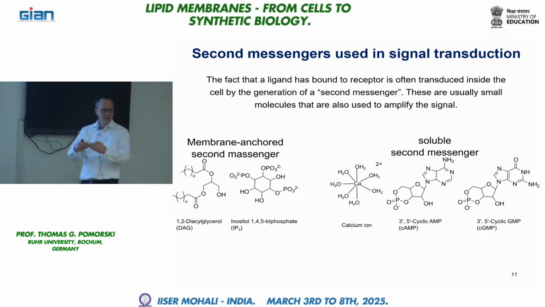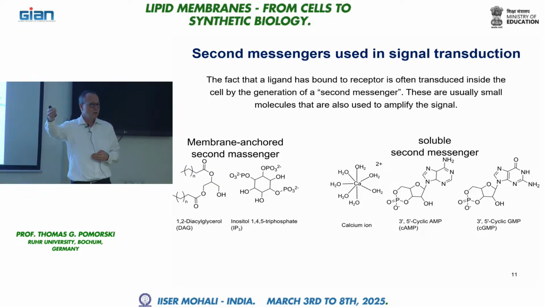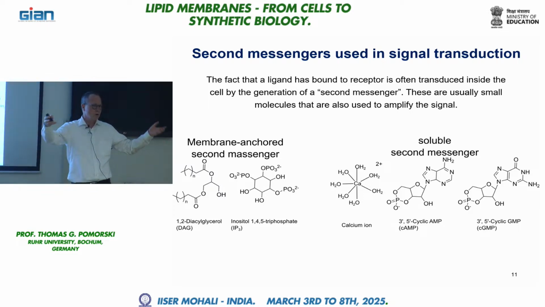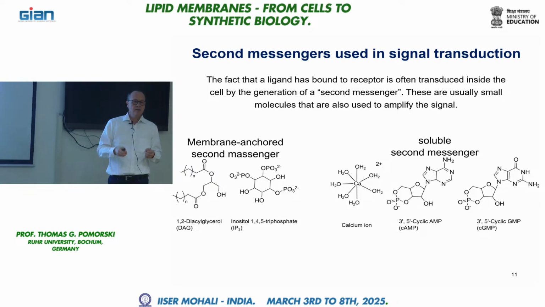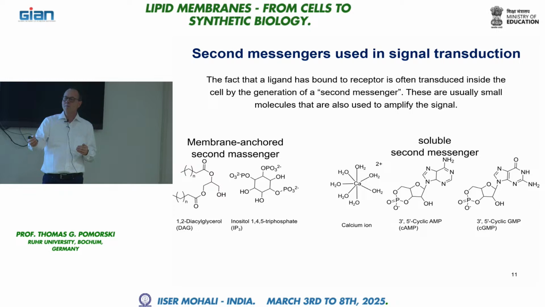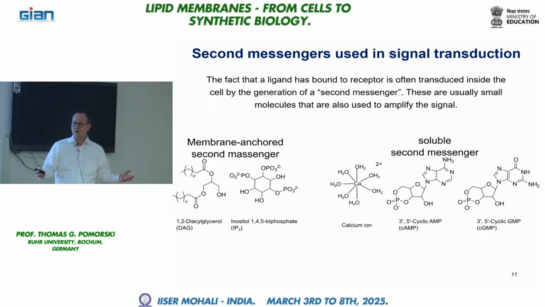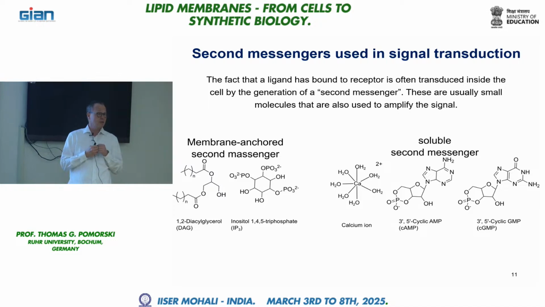So calcium, for example: we have learned there is a lot of calcium outside, because our cells have basically the type of ocean water composition around. But intracellularly, in the cytosol, the calcium level is kept very, very low. If you now open a calcium channel and the cytosol is flooded with calcium, the cell definitely sees a change, in particular in those proteins that are able to bind calcium.